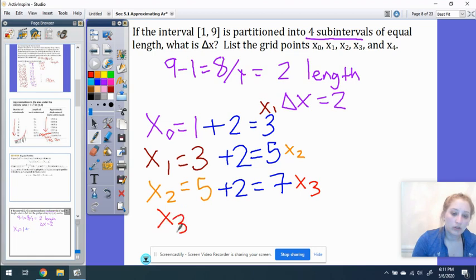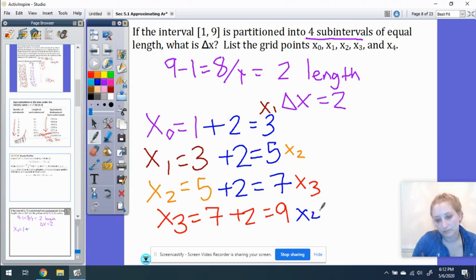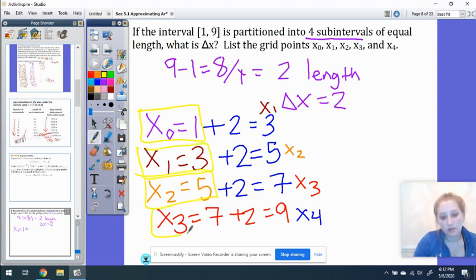And then adding 2 again gives 9, and that's my x4 value. Okay. So x0 is 1, x1 is 3, x2 is 5, x3 is 7, and x4 is 9.